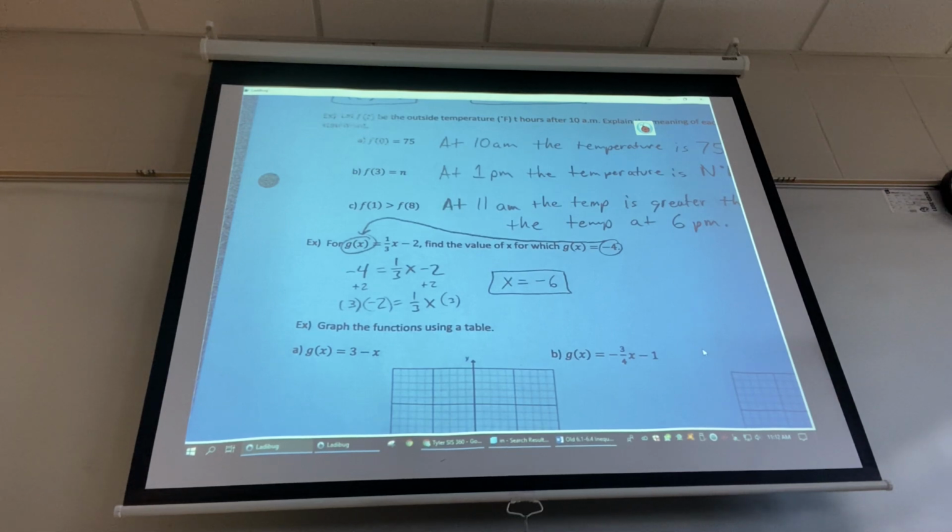As soon as they use f of x or g of x, you know it's a function. So what's the purpose?